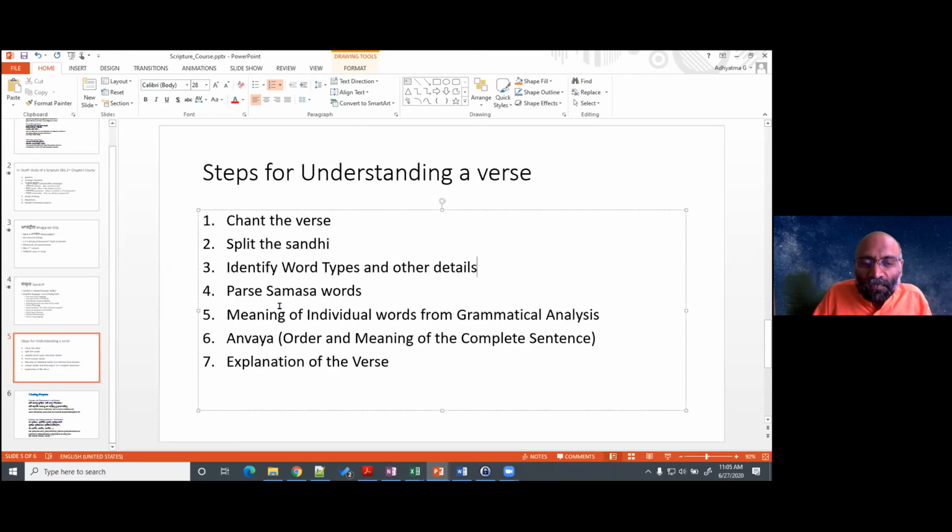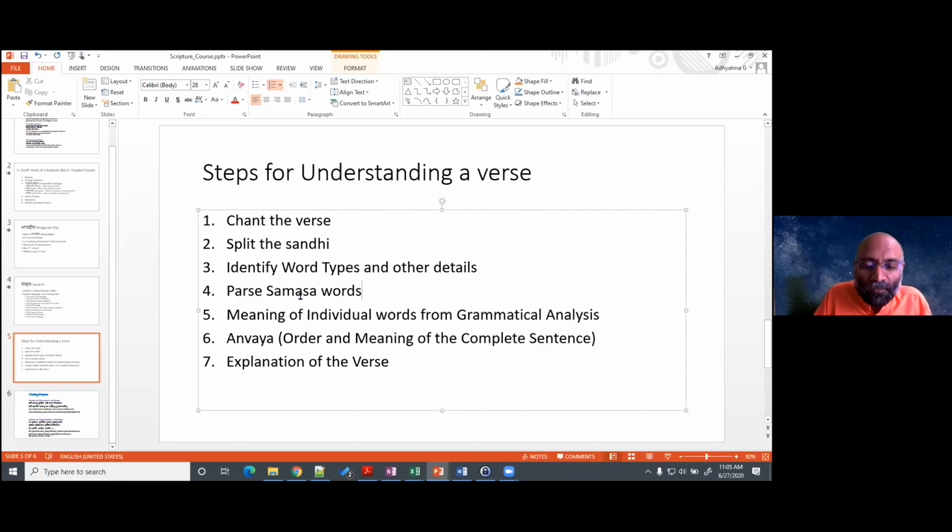Then next is samasa, compound words. So just like sandhi, where two words come together in a sentence because they happen to be close to each other, a compound word or samasa is a formation where words come together to make one word, to have a single meaning.